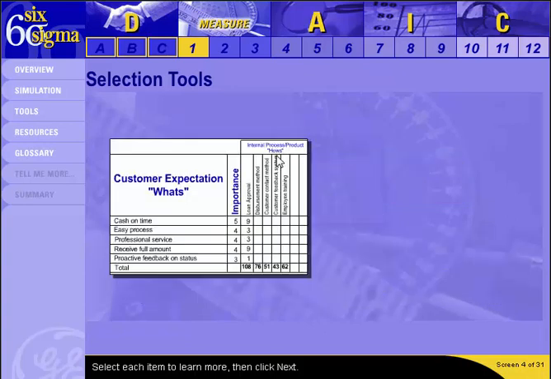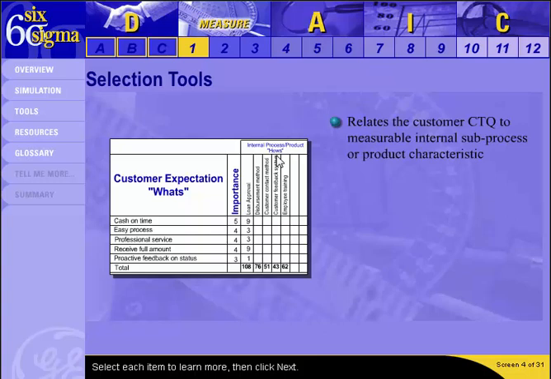The purpose of a QFD is to translate customer CTQs into measurable sub-processes or product characteristics. A series of QFDs helps to narrow the focus of a project by allowing you to brainstorm internal processes or characteristics that relate to desired outcomes, then to rate the relationships between the two. For example, your customer wants a comfortable automobile.